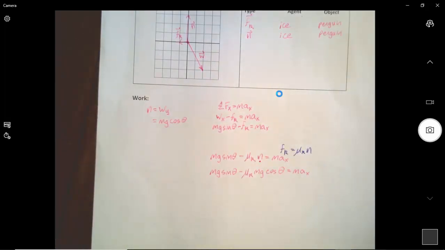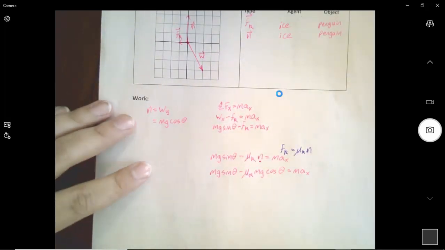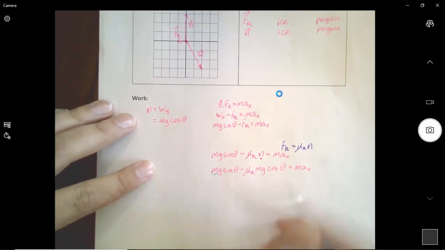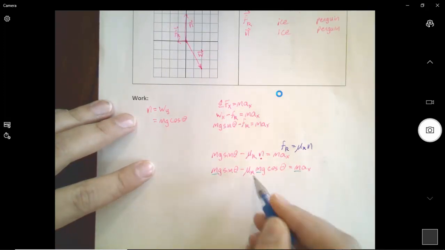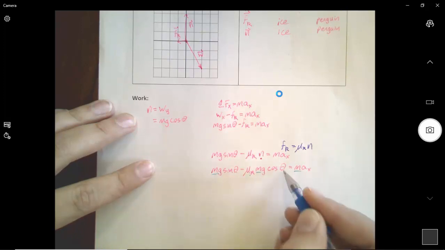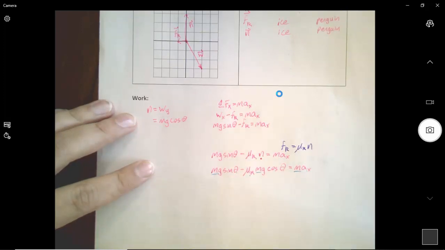We still don't know the mass, though. If we look through the rest of this equation, we don't know mass. We know g, we know theta, we know mu k, and we're looking for ax. So mass is the only thing we don't know, besides ax, which is what we're looking for.